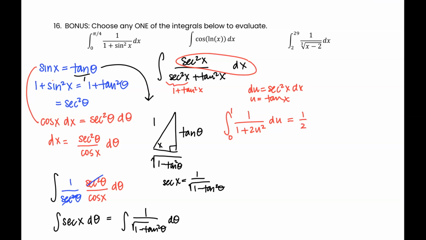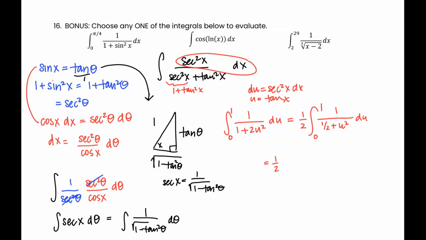My brain is fried from trying 3 different things and finally getting somewhere with this. If I factor out a 1/2 from this, there's going to be a 1/2 left over. It's really a 2 from the denominator, plus u squared du. So now it's still not great, but at least it looks a little bit more like arctan.